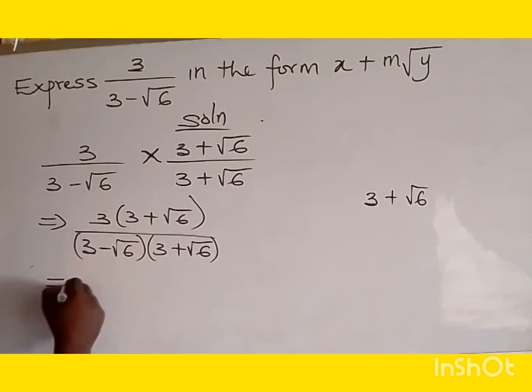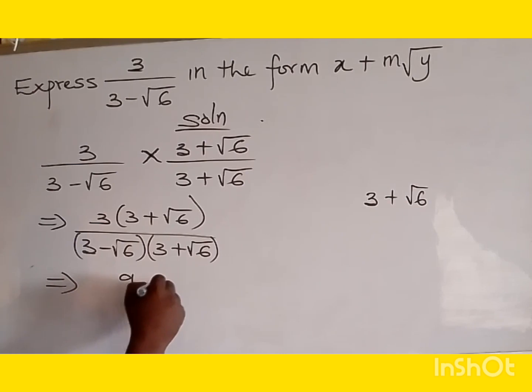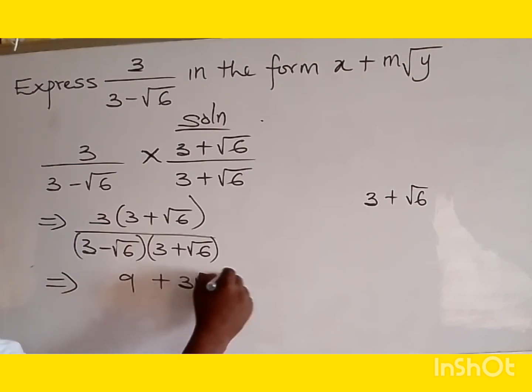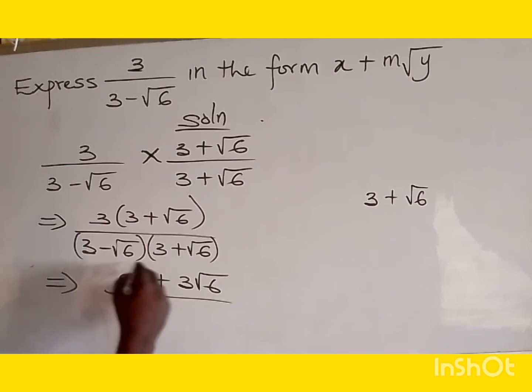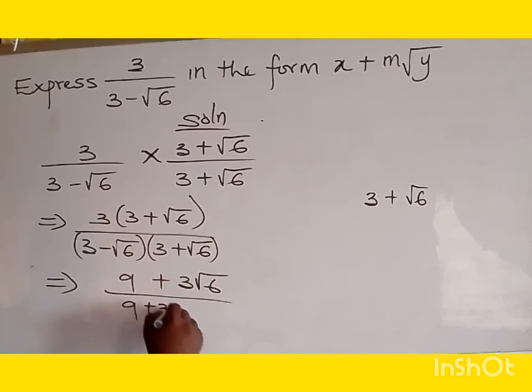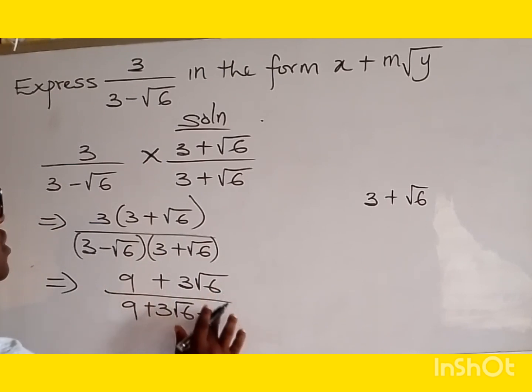If you go further, we have 9 plus 3 root 6. This will give us 9, then plus 3 root 6, then we multiply by this, minus 3 root 6.